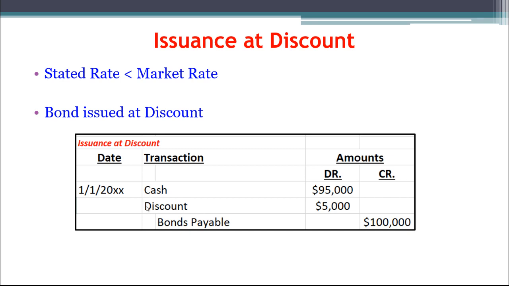In this case, the discount is contra to the bonds payable. Bonds payable have a normal credit balance. This discount has a normal debit balance. So if we ever want to increase a discount, you debit it, and to decrease it over time, you end up crediting it. But for the journal entry, just note, we're going to debit the discount.